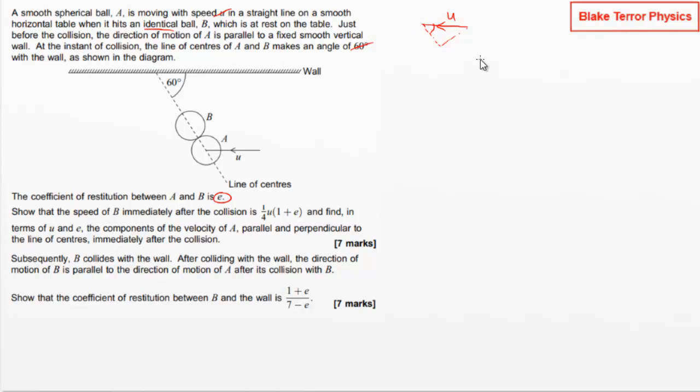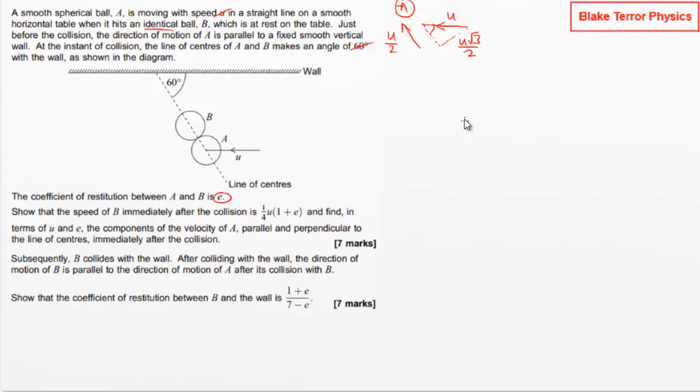So we can say that this component going here is going to be u sin 30, so that's u over 2, and we've got u cos 30, which is u root 3 over 2. That's our components for A.